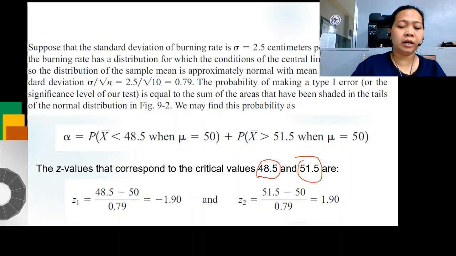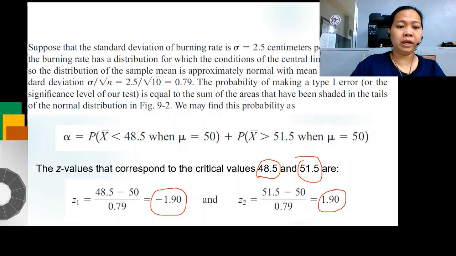Okay, so alpha is the probability that the sample mean is less than 48.5 when the actual population mean is 50, plus the probability of the sample mean to be greater than 51.5 when the population mean, mu, is 50. The corresponding z values that correspond to the critical values are z sub 1 and z sub 2.